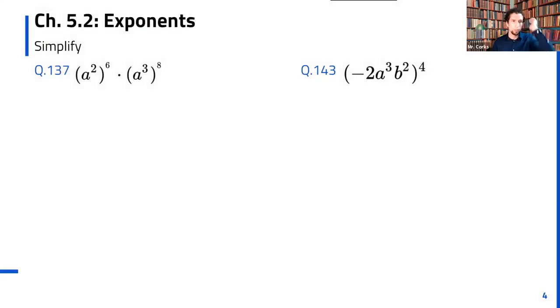So exponents first. All of these questions for exponents will just be about simplifying. So take a moment. Both of these here should not take too long. You can type your answer into the chat when you have it.